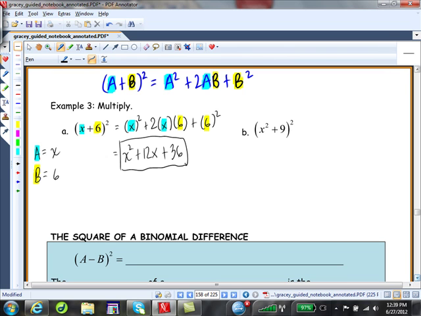Okay. So next up, what's my A? Good. This time it's x squared. And B is 9. So here we'll have A squared plus 2 times A times B, then plus B squared.